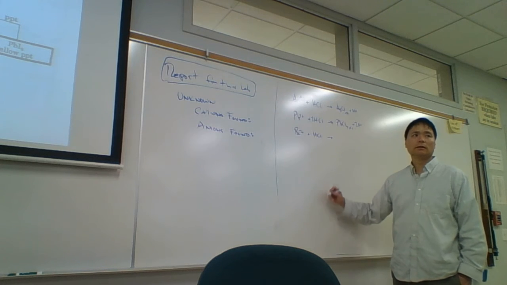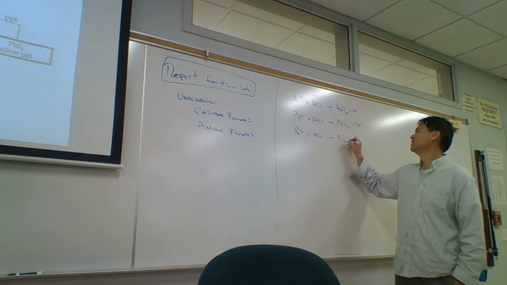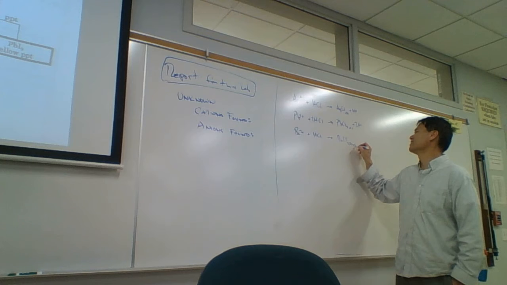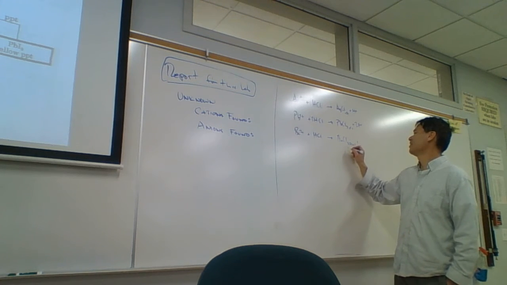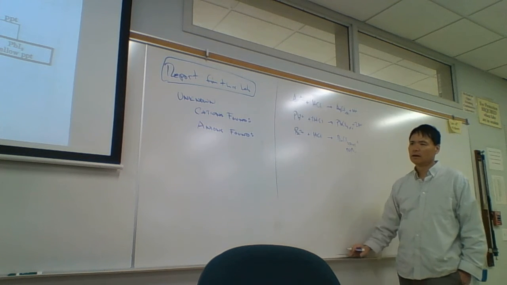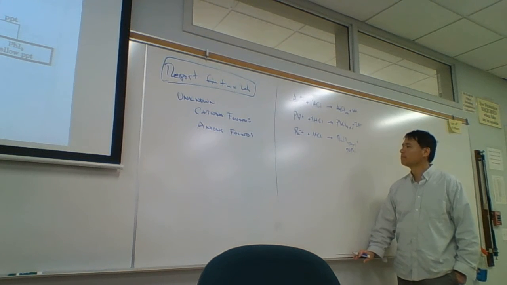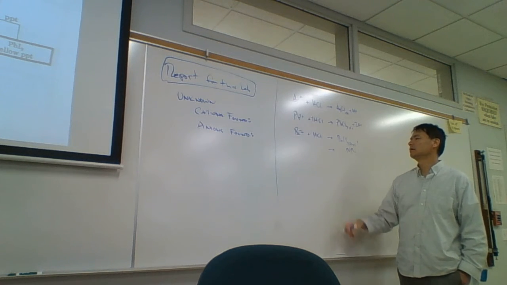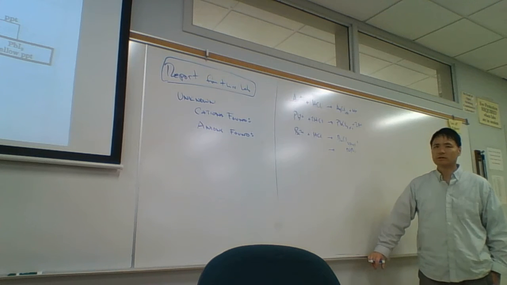It'd yield BaCl2, but BaCl2 is aqueous. So there's going to be NR here, no reaction, because there's no driving force. This is not a precipitate. It is not a gas, and it is not a weaker acid from a stronger acid.